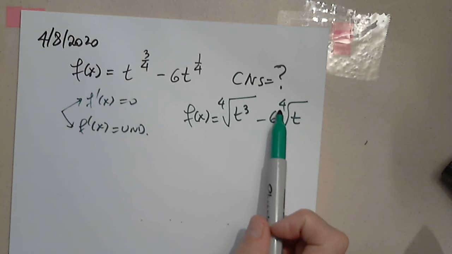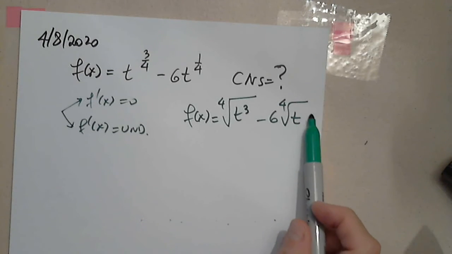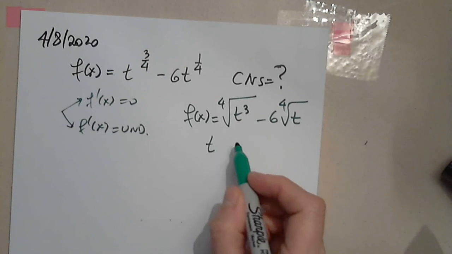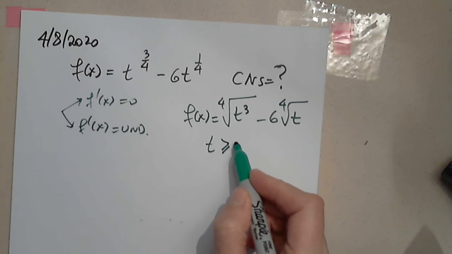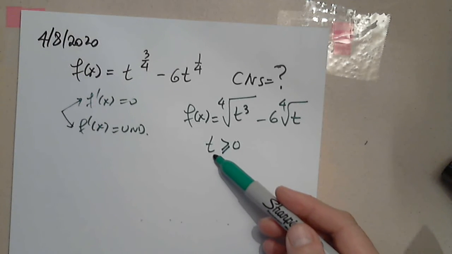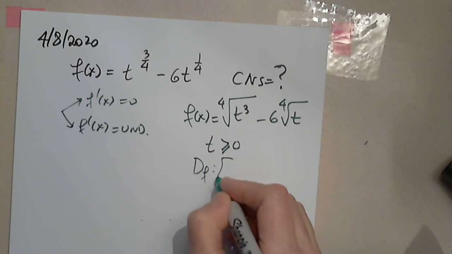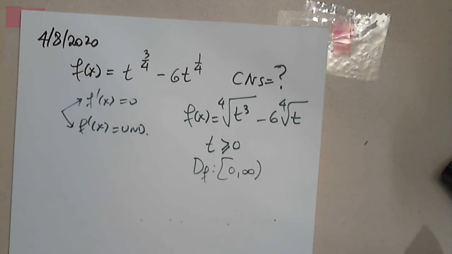And because the index is 4, which is even, the quantity under the root has to be greater than or equal to 0. So in this case, t must be greater than or equal to 0. If I write t cubed greater than or equal to 0, I will still have t greater than or equal to 0.